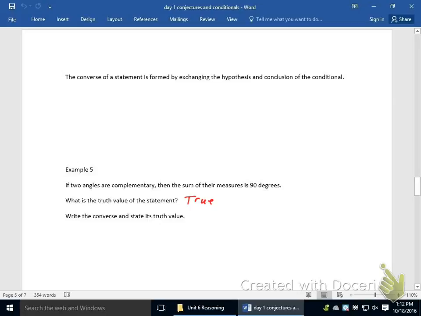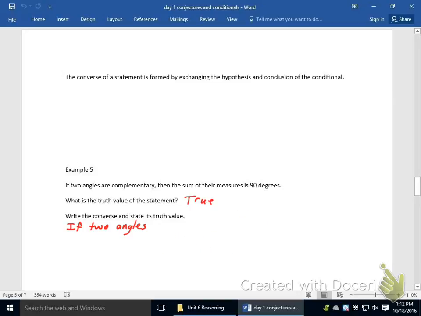Now, write the converse of this statement. So that's where we're going to swap the hypothesis and conclusion. So now, if two angles, let's see here, the conclusion was the sum was 90 degrees. That's now going to be my hypothesis.